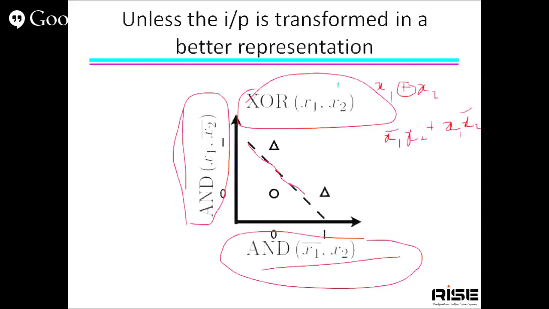So it's something like this. You have the first perceptron which takes x1 and x2, and this is going to give you the first AND. Similarly, you take the second perceptron, which also takes input from the same inputs x1, x2. Now you feed these two ANDs to another perceptron.